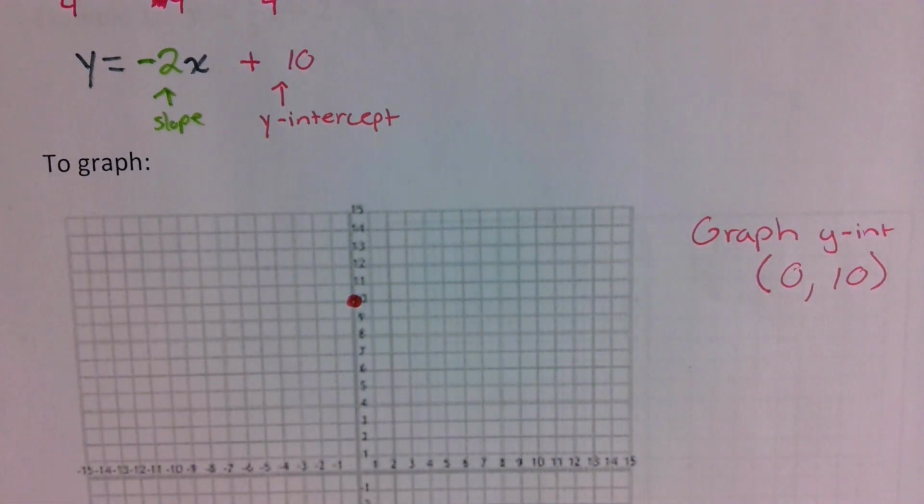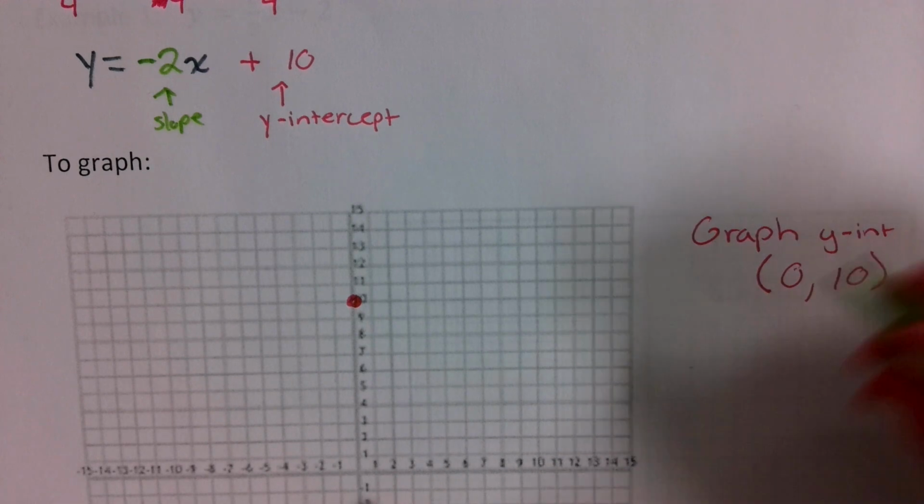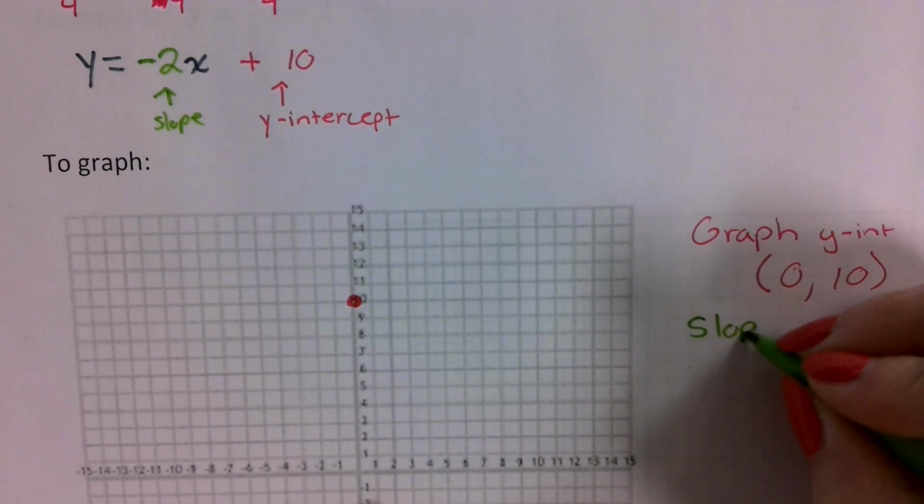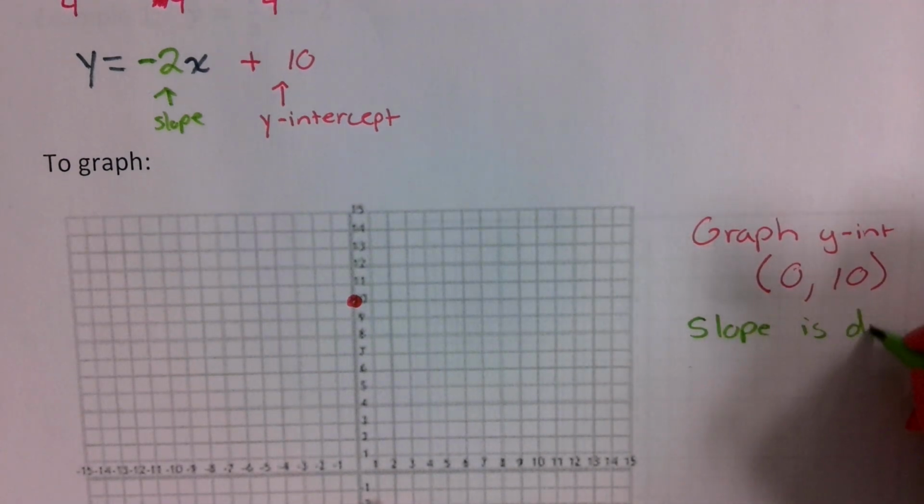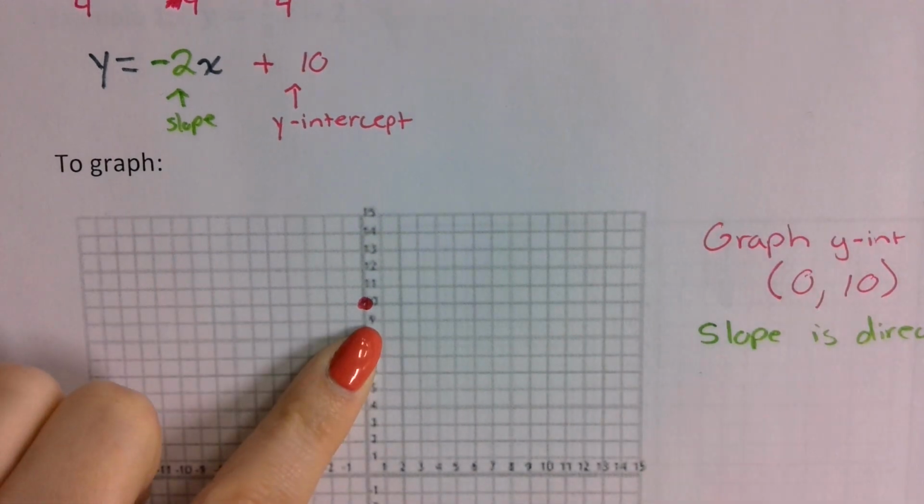So there's my y-intercept. And then from there, I use my slope like a direction. My slope is going to be a GPS. It's going to navigate me from this point to my next one.